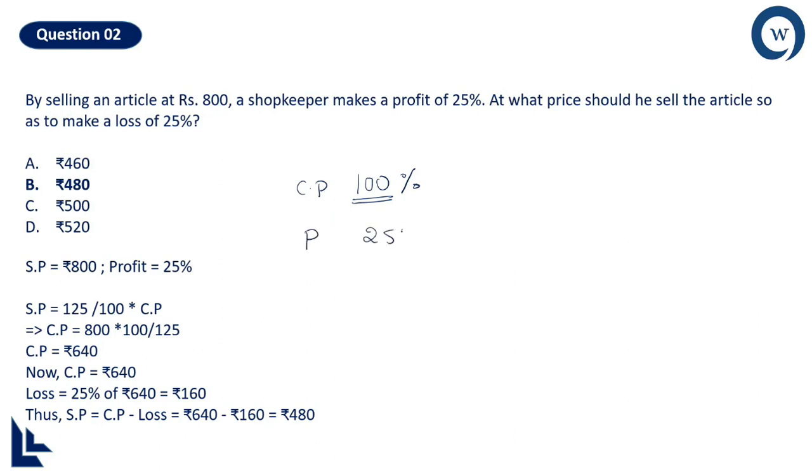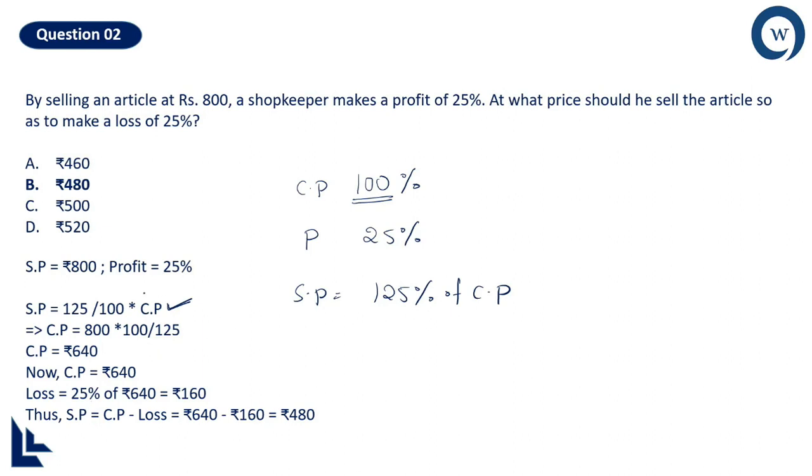This is 25% profit. And selling price means it is 100% of the cost price plus 25% extra of the cost price, which is 125% of the cost price, and that's what is written in this step. Selling price is 125% of the cost price.